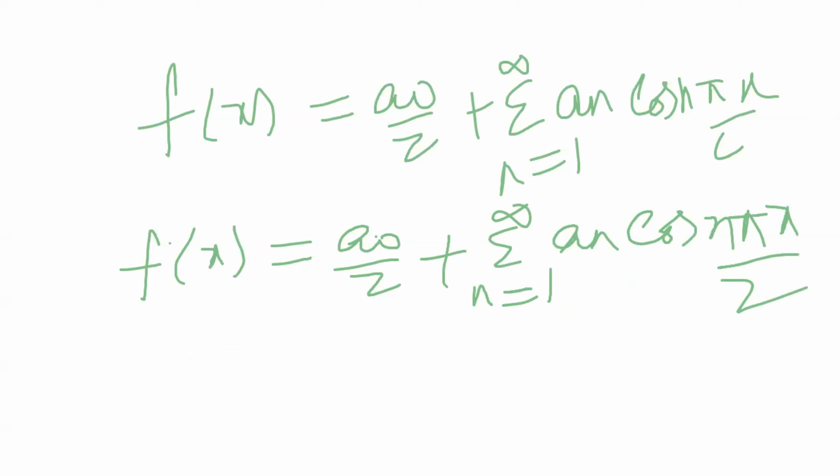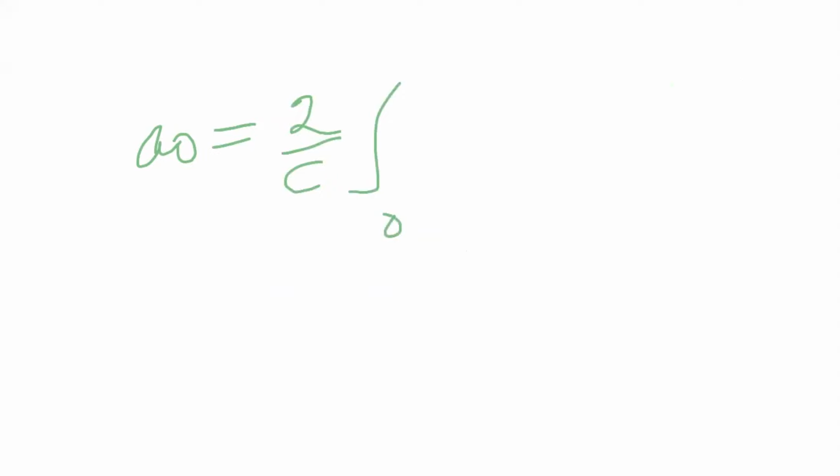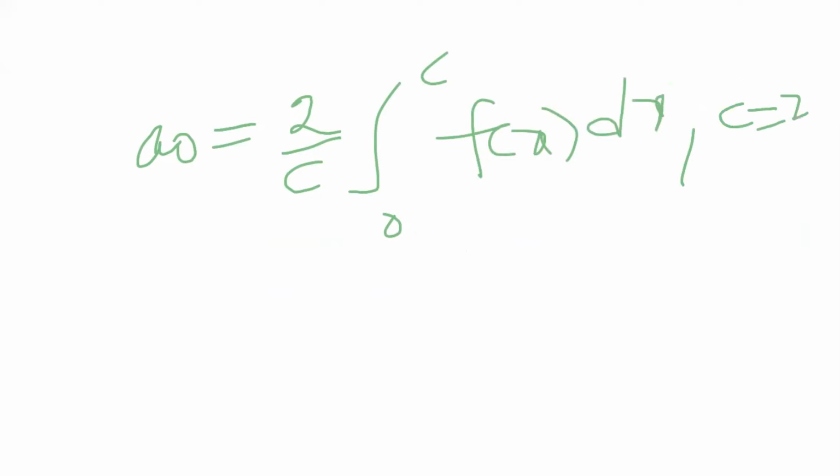Now we have to find the value of a naught. What is the formula of a naught? The a naught formula is 2 by c integral 0 to c f of x dx. Here c equal to 2, so simplified it is 2 by 2 integral 0 to 2 f of x.